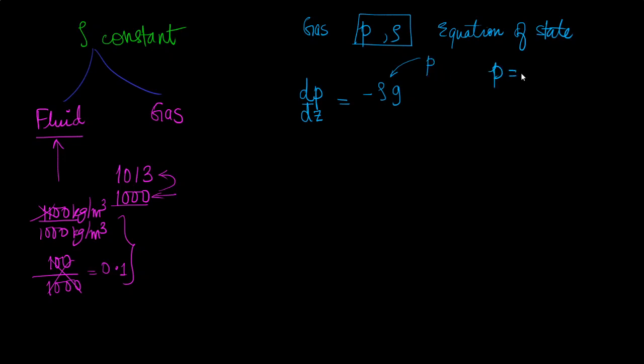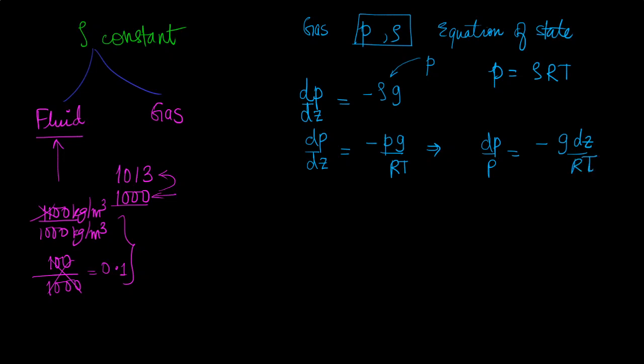So P equal to rho RT, where R is the universal gas constant divided by the molecular weight of the gas. So if this is true, then we have dP dz is equal to minus P g upon RT. This implies dP upon P is equal to minus g dz upon RT.